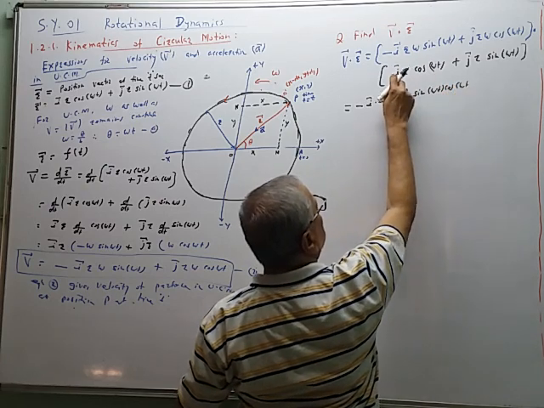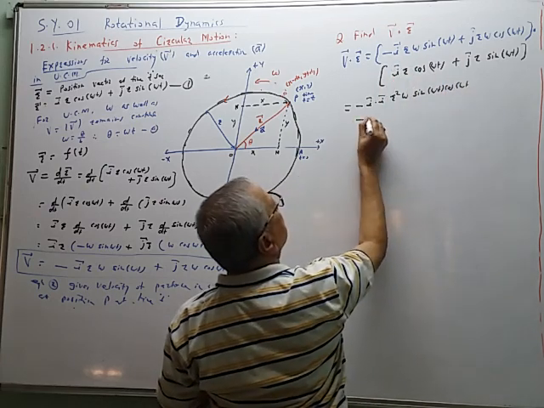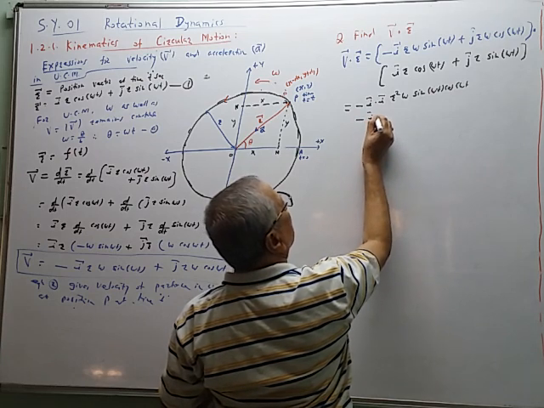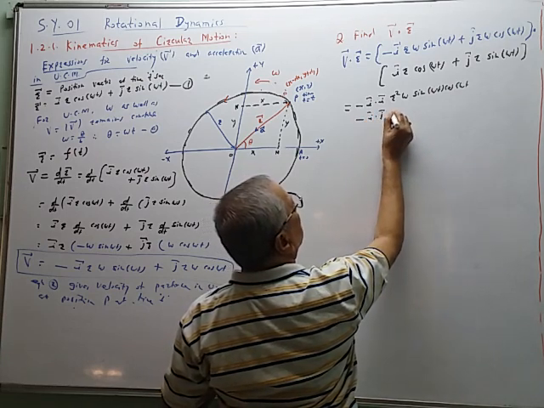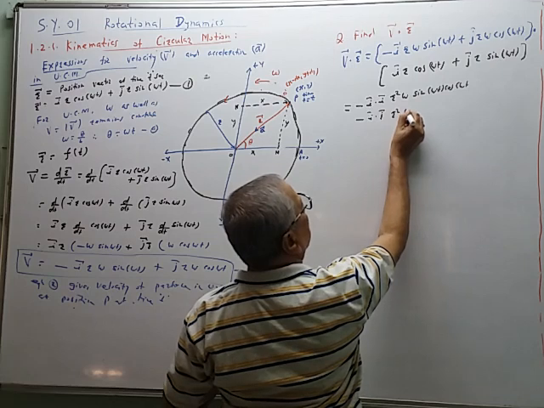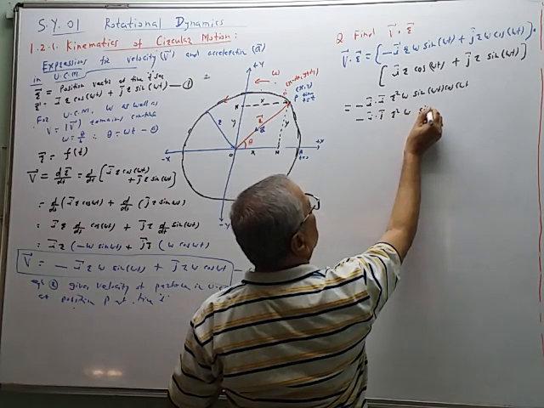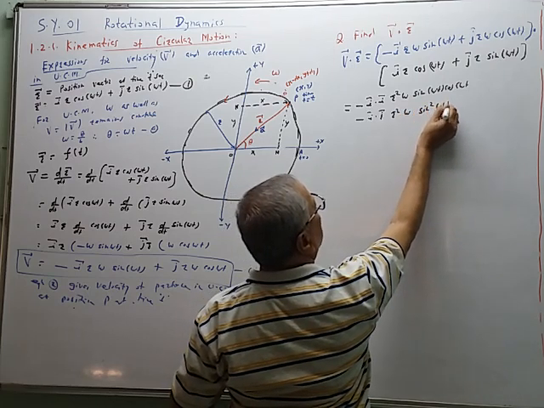This is the first term. Second term is minus i dot j r into r square into omega into sin square omega t.